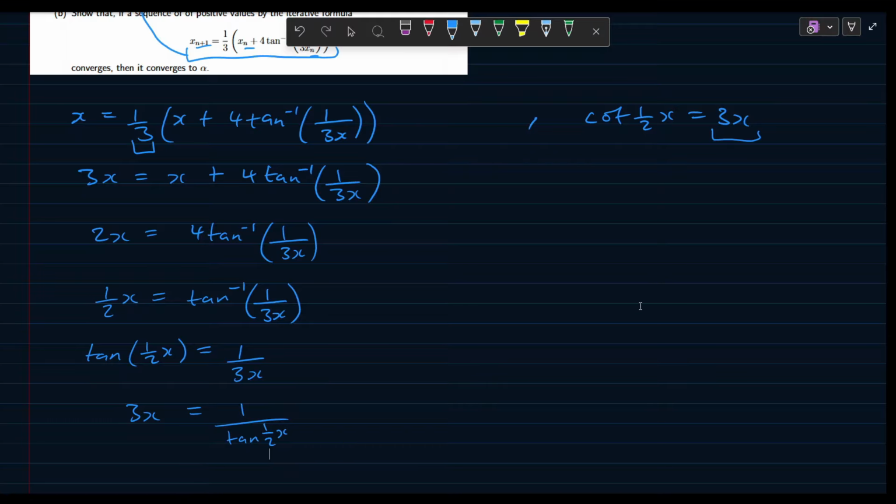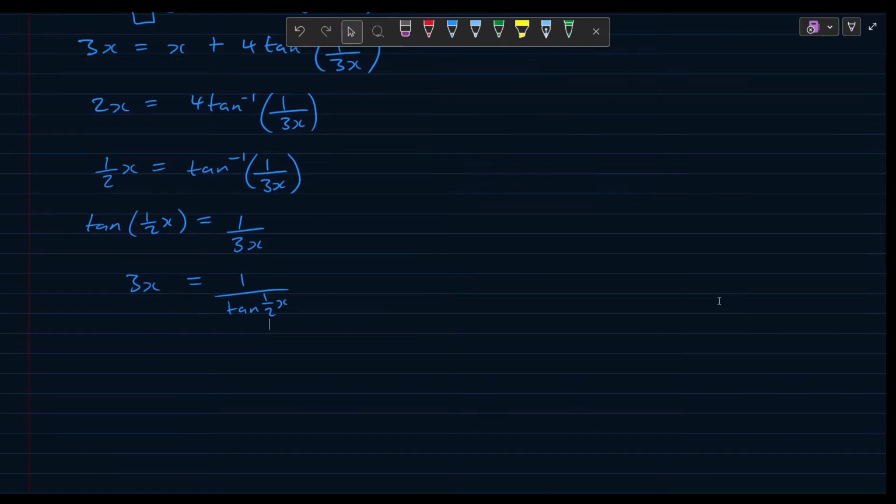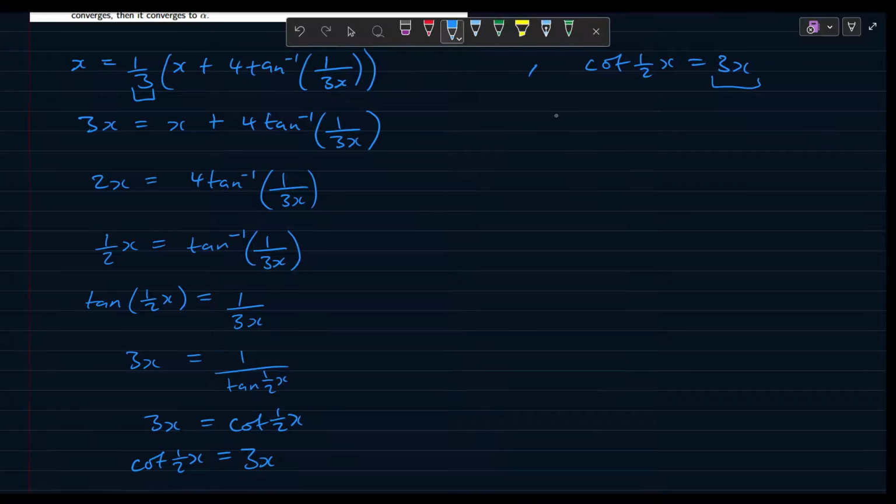And we know that 1 over tan x is cot x. So this is 3x equals cot of x over 2. And if you really want to be specific, we can put the cot of x over 2 on the left, and this is equal to 3x. So we've shown that this is the same as the equation in part A.